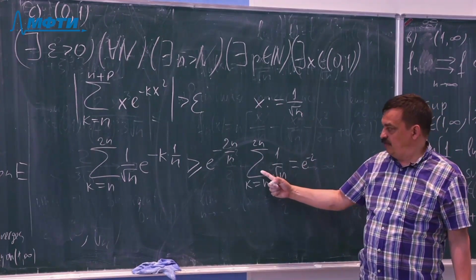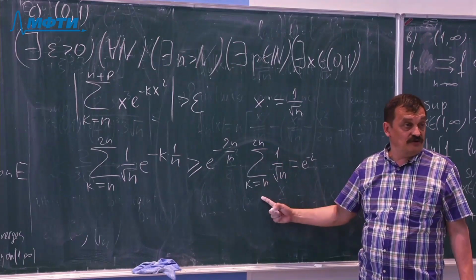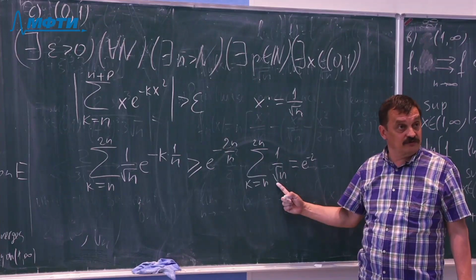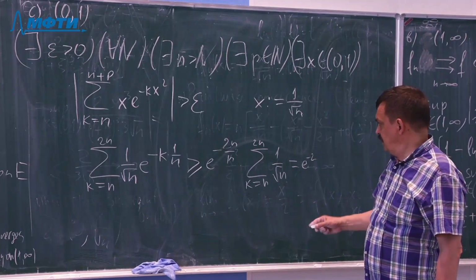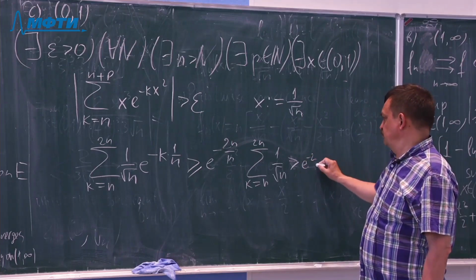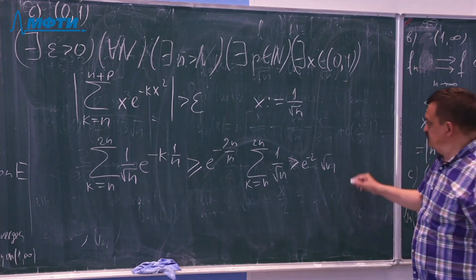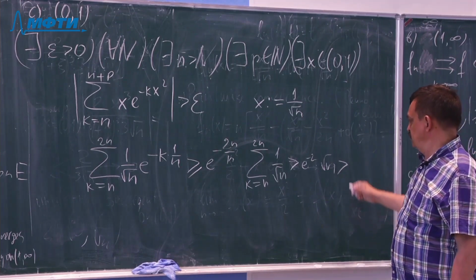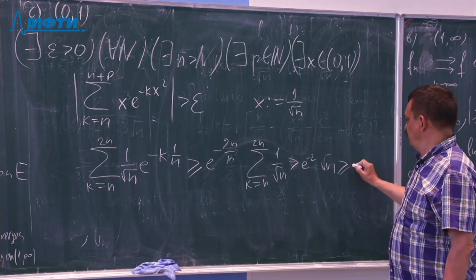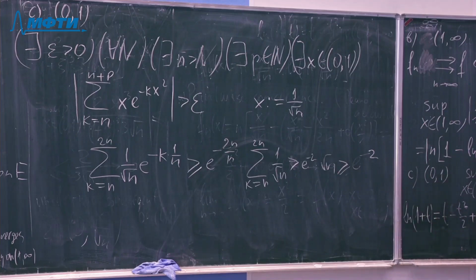And here, how many terms do we have? We have n terms, right? Times 1 over square root of n. Okay, I can write that this is greater than e to the power minus 2 times square root of n. Definitely this is greater than or equal to e to the power minus 2, because n is natural, right?